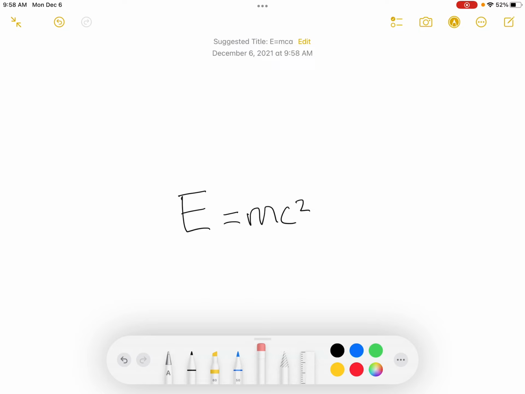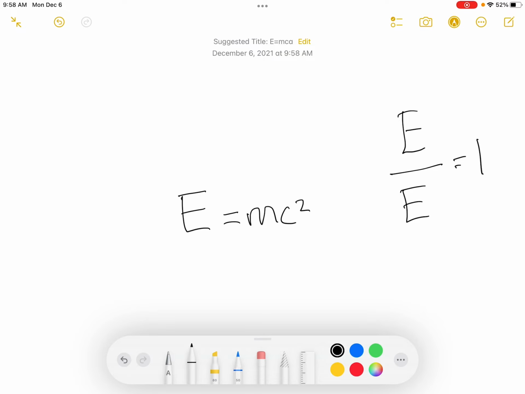So knowing that we can do whatever we want to this equation, provided that we do the same thing to both sides, we can use that superpower to isolate m. There's one other superpower that we could acknowledge here, and that is that anything divided by itself is just 1.